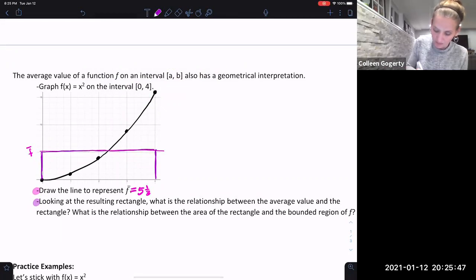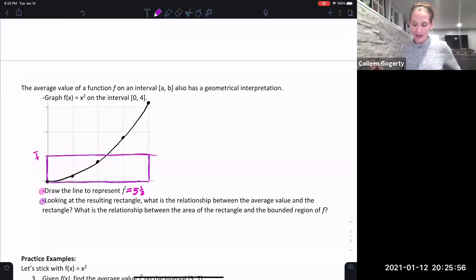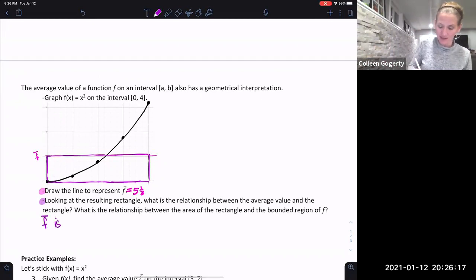Let's pretend that it's actually on my line. What is the relationship between the average value and the rectangle? I just want you to think about that. Well, the average value is the height of the rectangle.